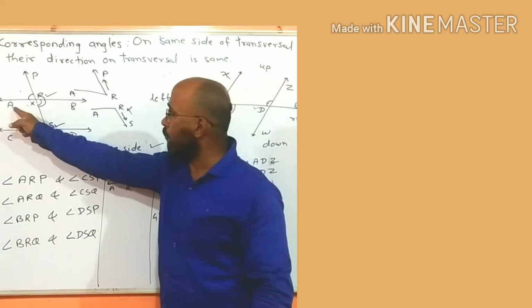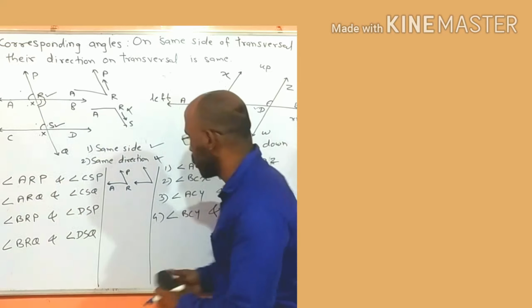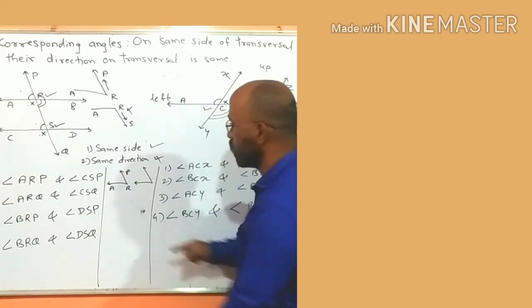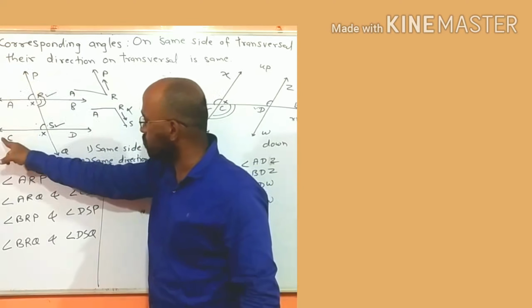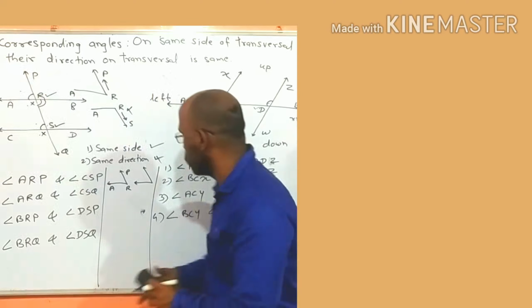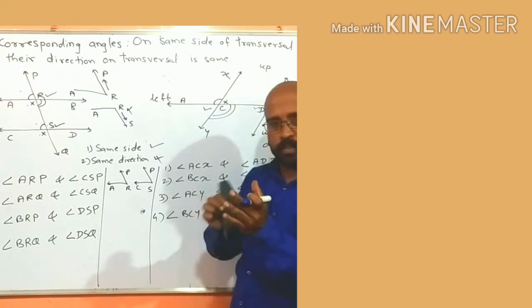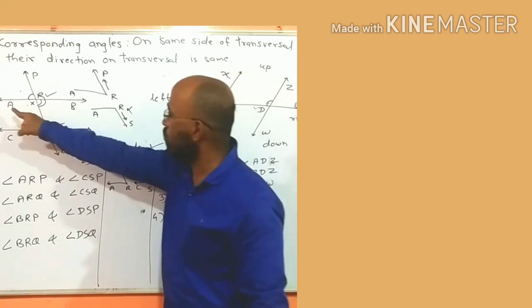ARP, what is its corresponding? Corresponding is CSP. CSP is also like this. Right? Both are having same orientation. Both are symmetrical.